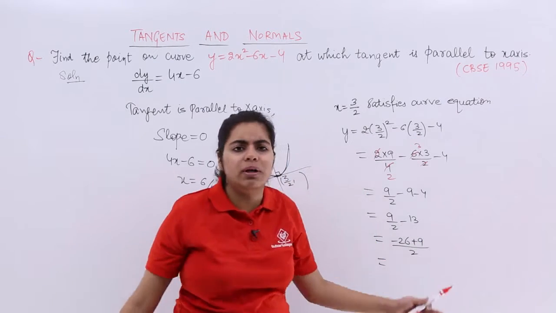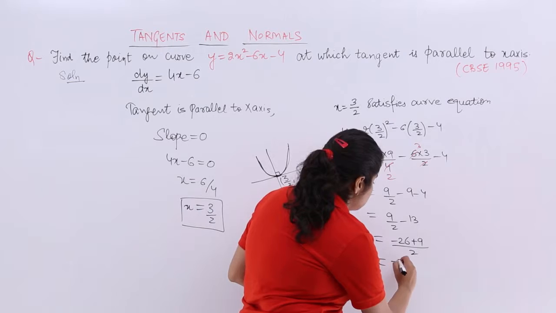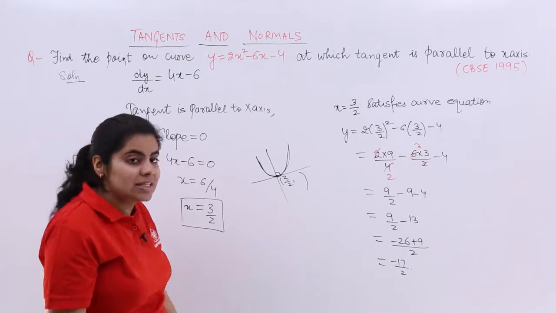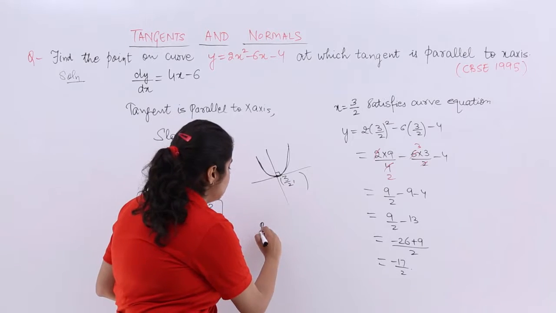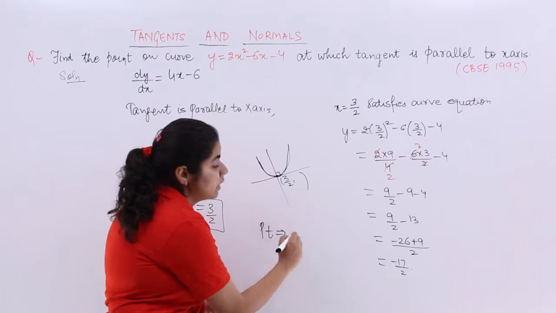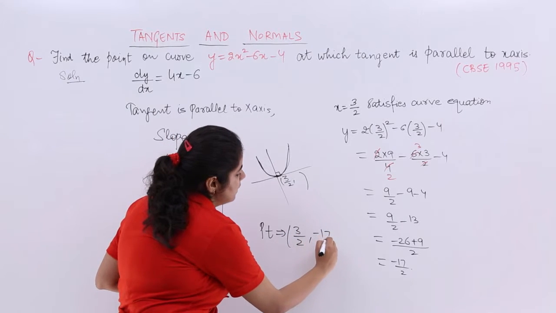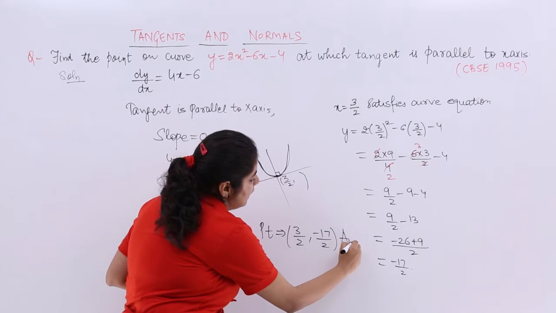You can easily solve whatever the answer is, right? So it is minus 17 upon 2. So this is your y and this is your x. So the point is nothing but x comma y, that means 3 by 2 comma minus 17 by 2, and that is your answer.